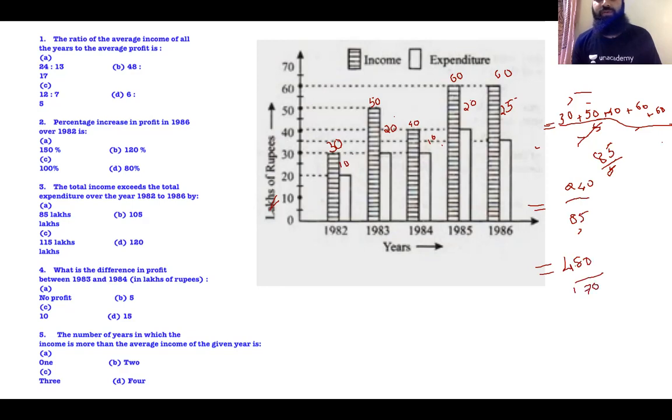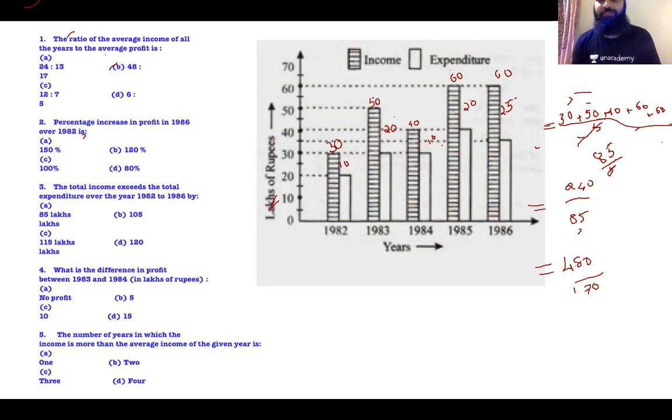So the ratio is 48 is to 17. Are we able to understand? 48 is to 17 is the correct answer for the first one. Shall we proceed further?